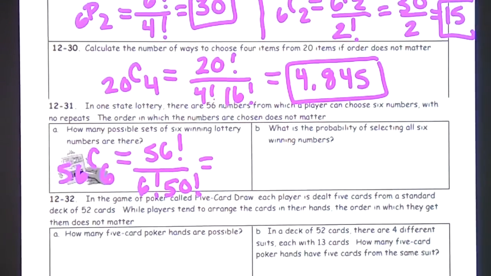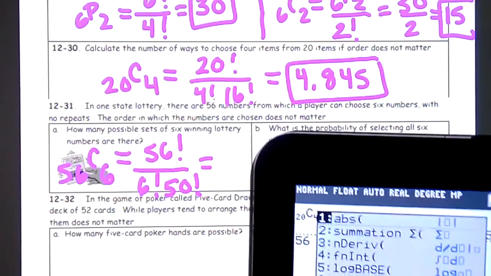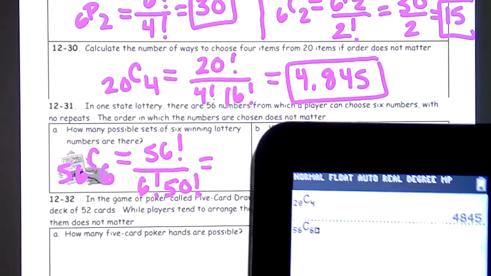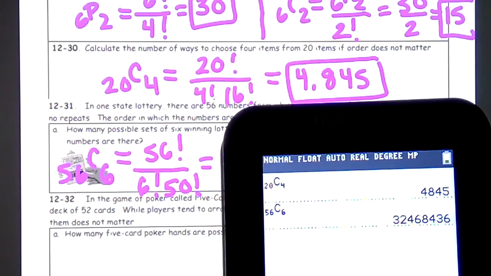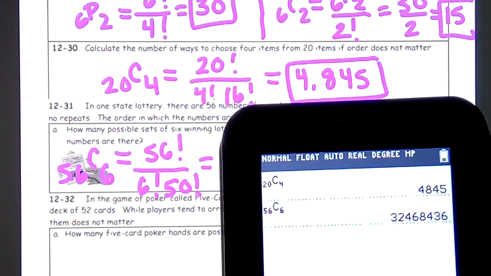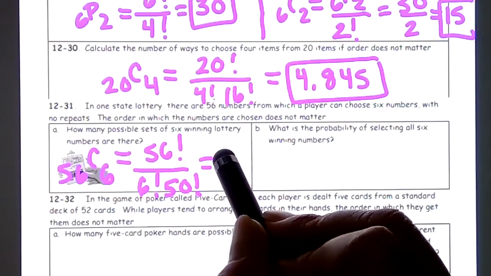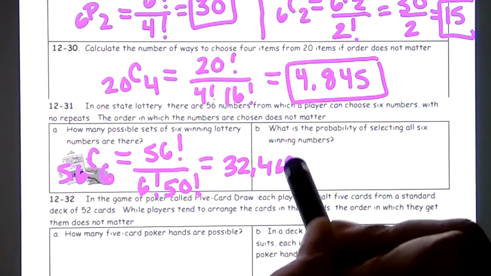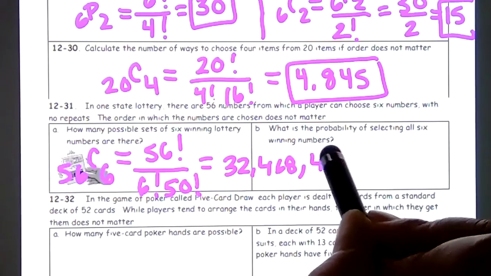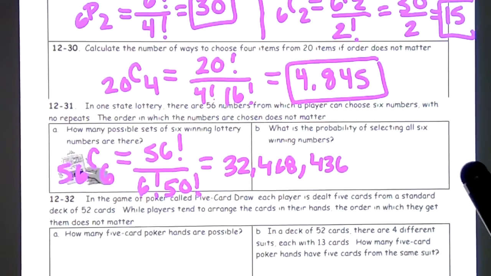And when I put that into my calculator, 56 choose 6, I get 32,468,436.